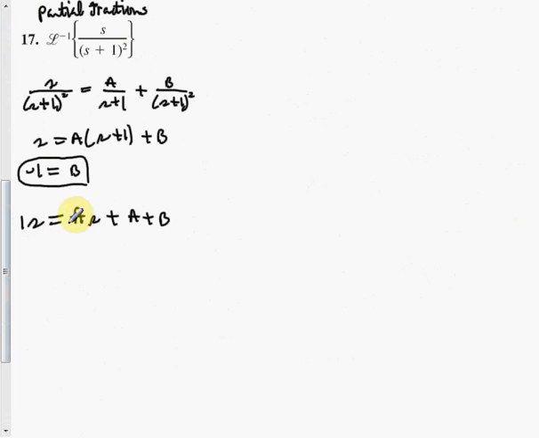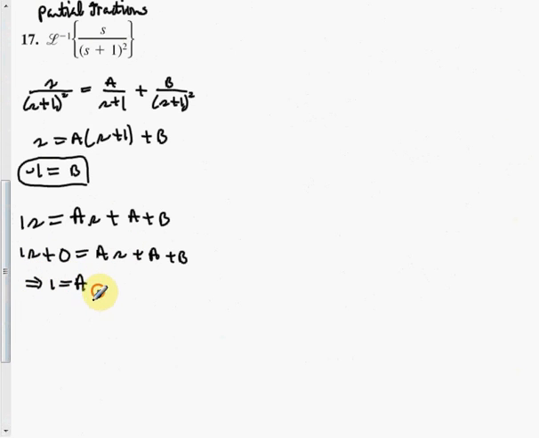That implies that 1 is equal to A. If you think about it, this is 1 times s plus 0, right, is equal to As plus A plus B. Well, if both sides are said to be equal, then what's on the left must match up with what's on the right, of its form, of its type, right? So this is 1 times s is equal to A times s, so this implies that 1 is equal to A.